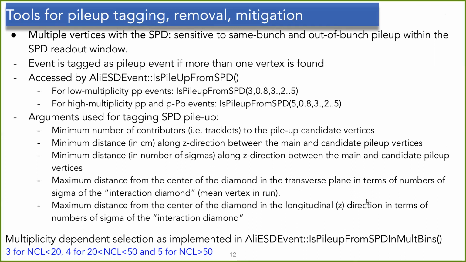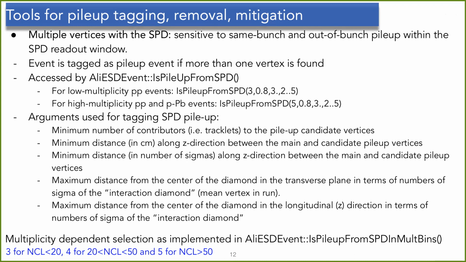In this function, the multiplicity dependence is implemented in such a way that if your number of contributors is less than 20, then it will take the minimum number of contributors as 3.